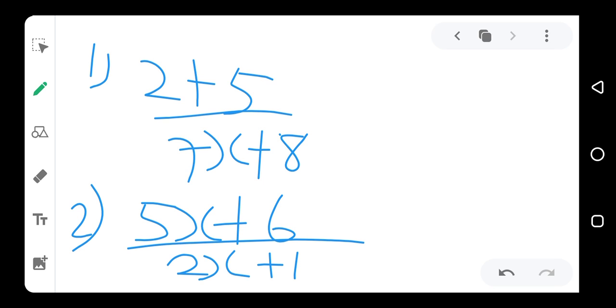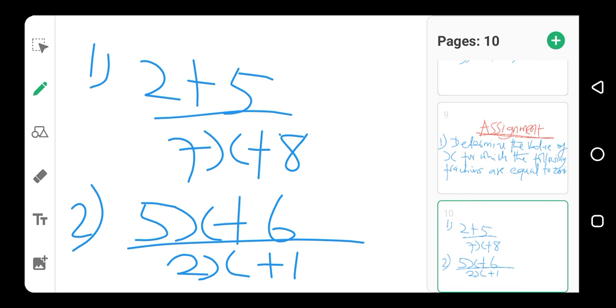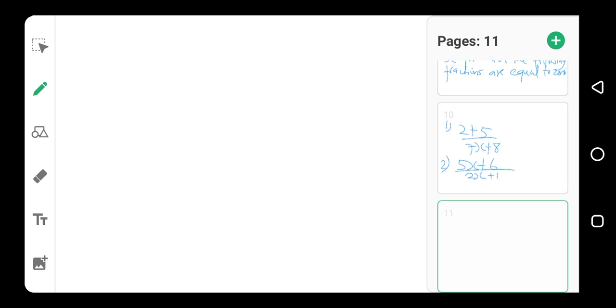5x plus 6 over 2x plus 1. Find the value of x for which this expression or this fraction is equal to 0. Number 3.